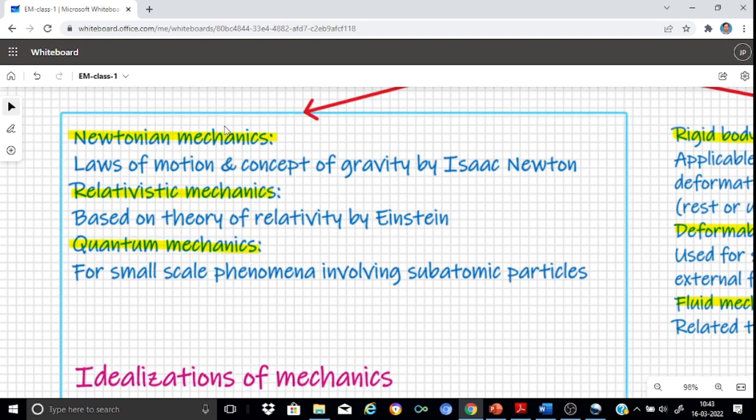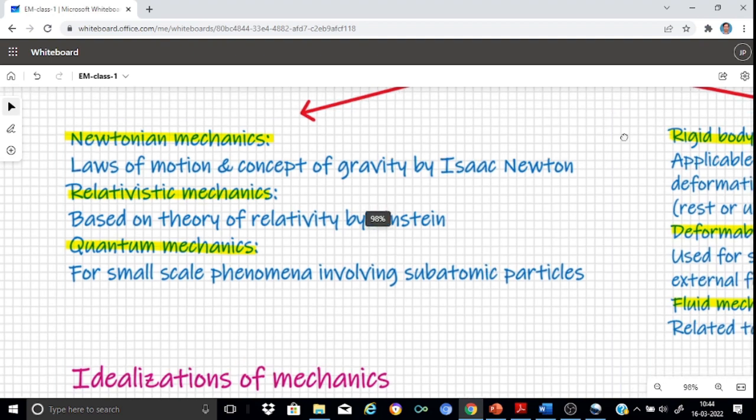As the name suggests, in Newtonian mechanics, the laws of motion and the concept of gravity by Isaac Newton form the basis, whereas relativistic mechanics is based on the theory of relativity by Einstein. In quantum mechanics, we deal with small-scale phenomena involving subatomic particles. So this is the broad classification of mechanics simply based on the theoretical basis.